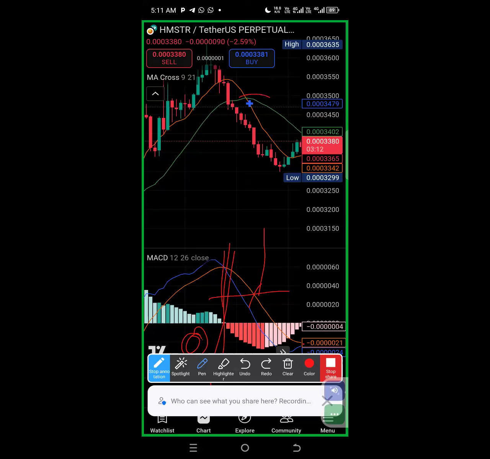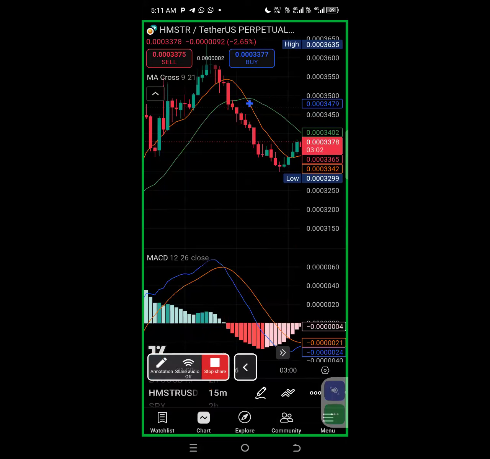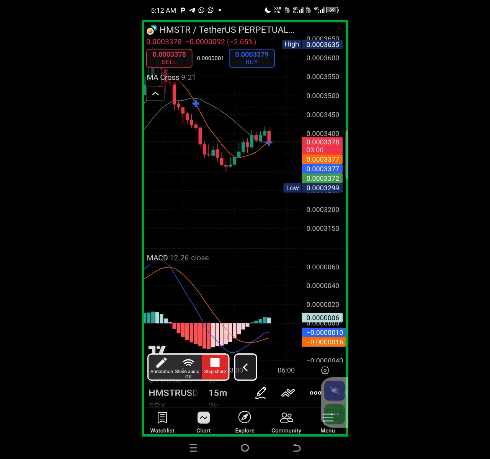Now, when the crossover happened, looking at the trend, you realize that it was a downtrend. And this is the exact thing you could see here, right? So now, following my MACD and also my moving average, I could clearly confirm that it's bullish.